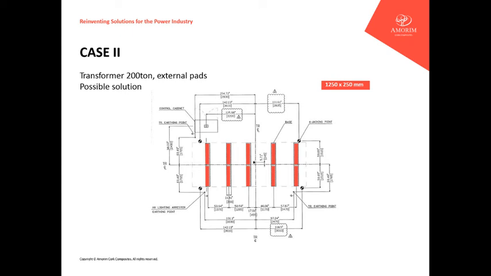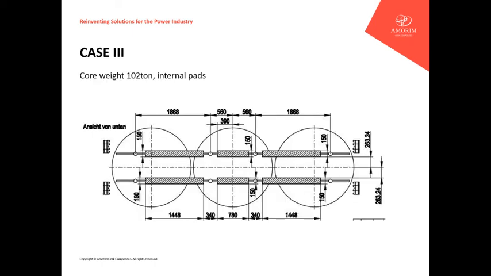And finally, to have time for questions, one more case study. This one very fast, which again will be for internal 102 tons, so internal pads. In this we also have different pad sizes.